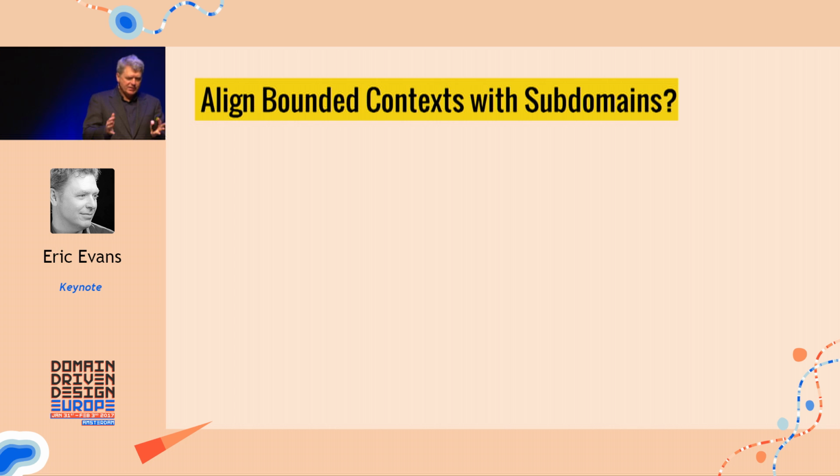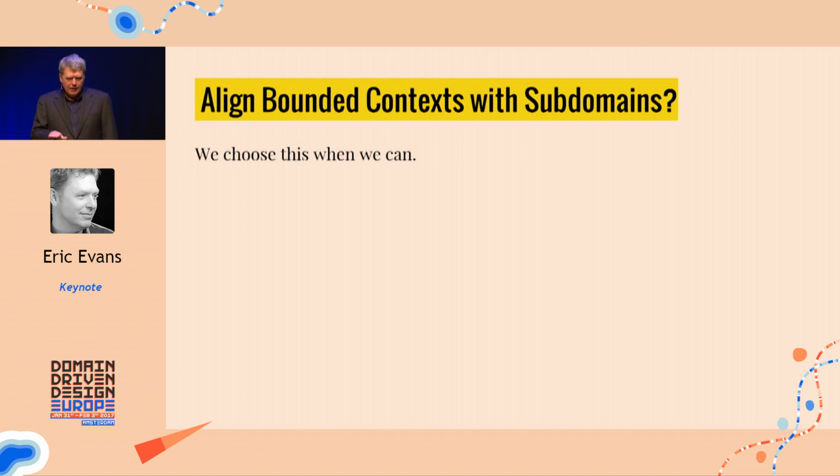So these are subdomains, and we'll make bounded contexts that align with these, and a team will work on each one or whatever. And actually, that works well. That's a good thing to do when we can. But I'll get to in a few minutes why that isn't the same as saying that a bounded context should be aligned with a subdomain.